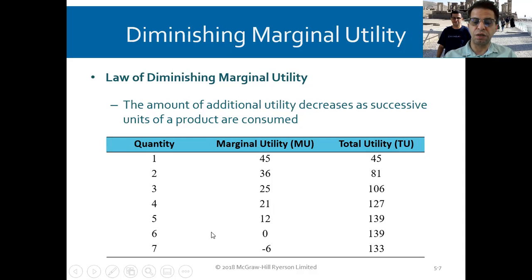The sixth one is not going to give you any utility, so 0 plus 139 stays 139. But the seventh one, when you start to feel dissatisfied, is going to give you minus 6 utilities, so 139 minus 6 becomes 133.